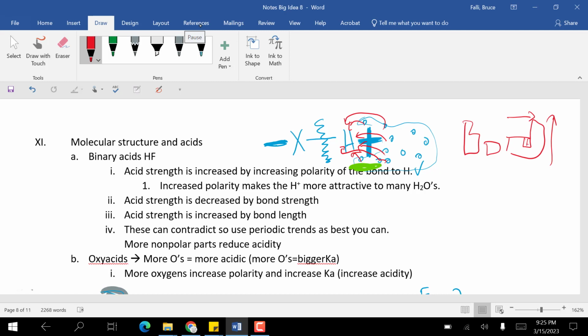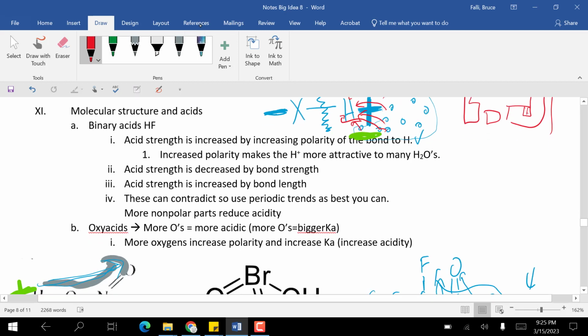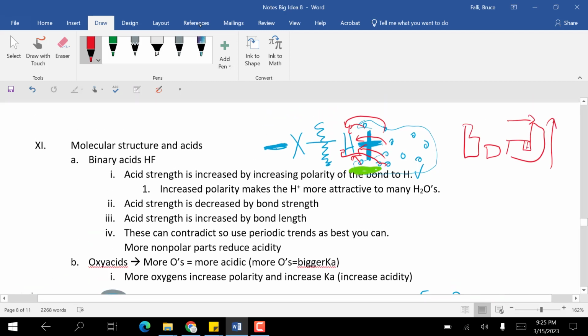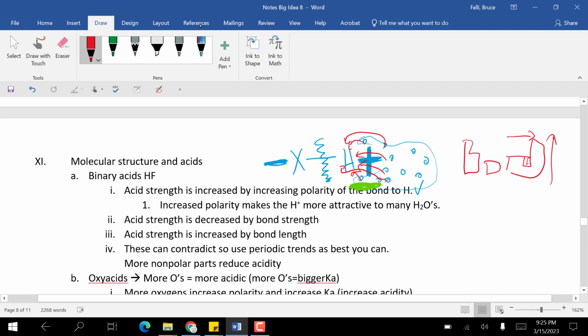Acid strength is decreased by bond strength. Remember, this bond strength, the covalent bond, doesn't have to be F, but H to F. If that strength is stronger, then the acid's going to be weaker, because remember, an acid is supposed to split apart.